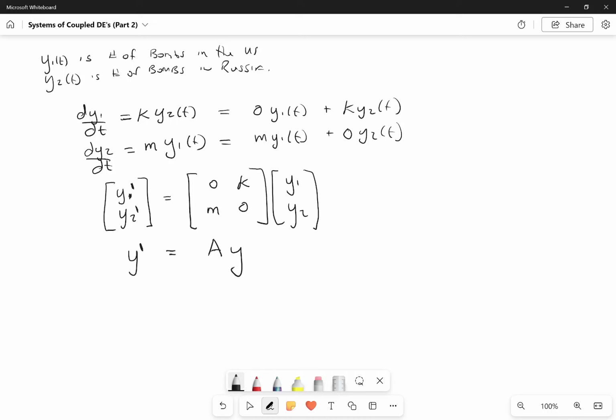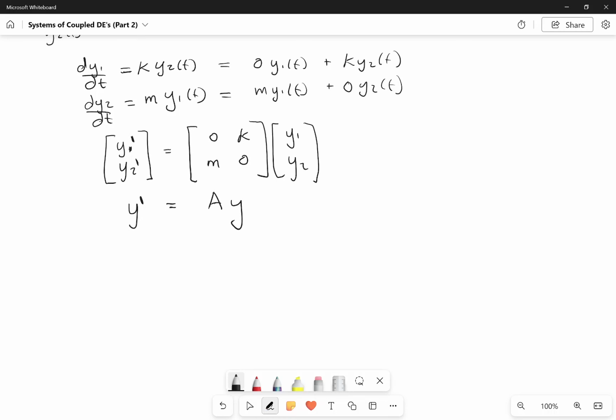Now, we don't know what y is, but what we do is make an assumption on the form of the solution.